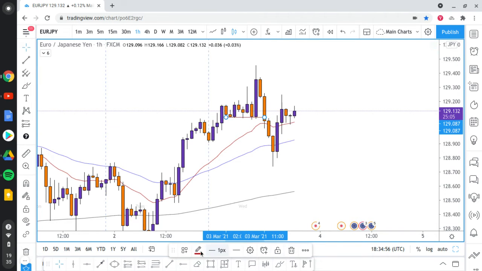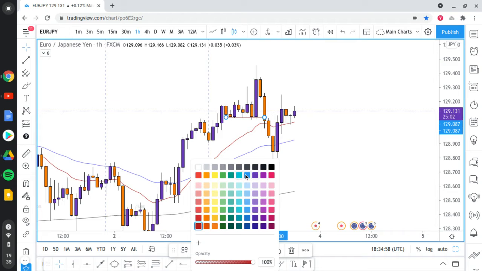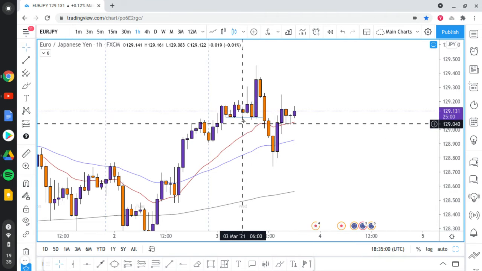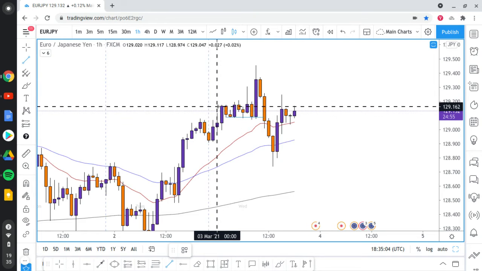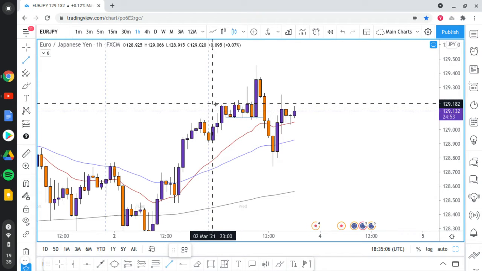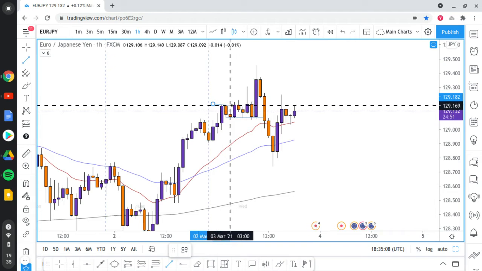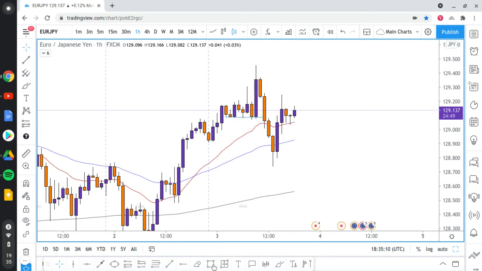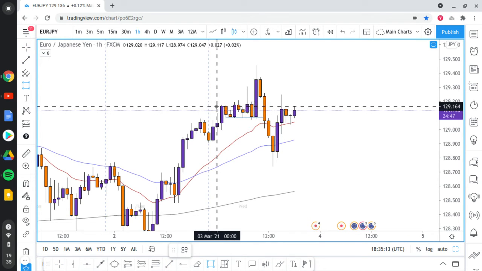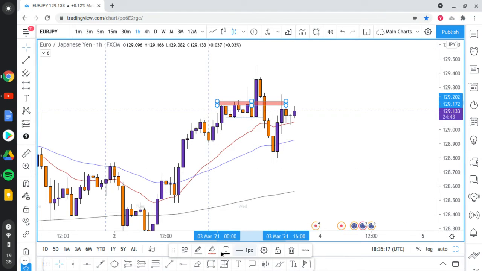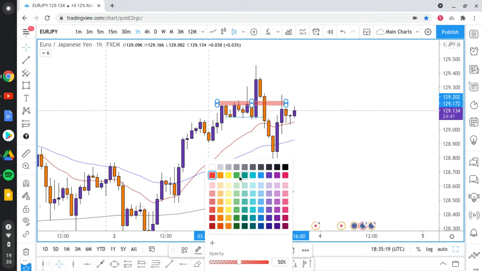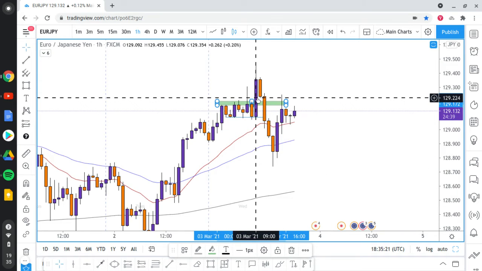I'll just make it blue. They've changed the default colors on TradingView for whatever reason, and this was the resistance. I'll just make it the break and retest area that I saw. That was green. So I had a push beyond, close beyond, nice strong candle.